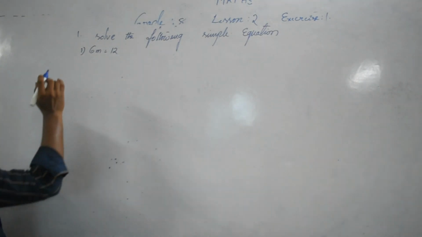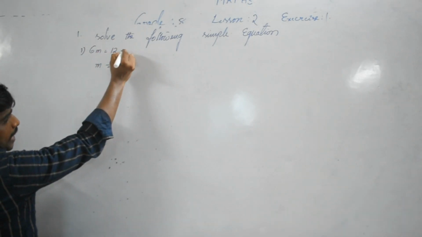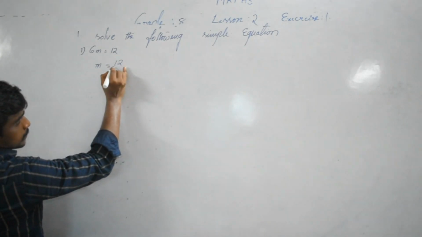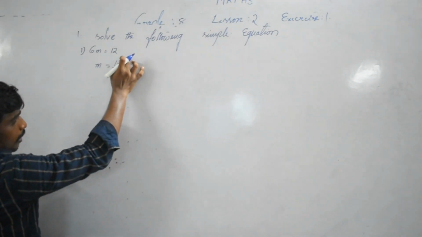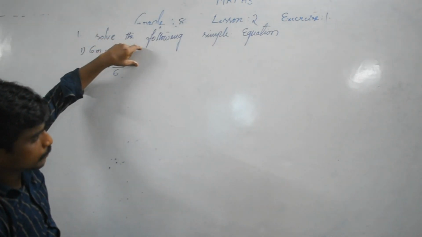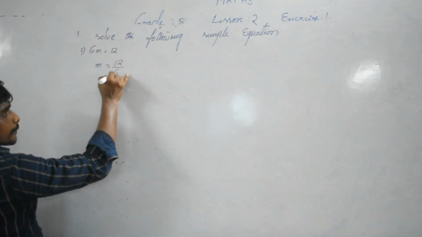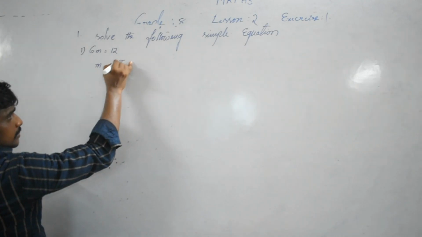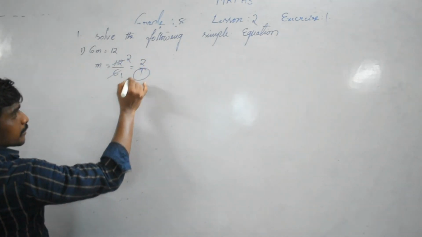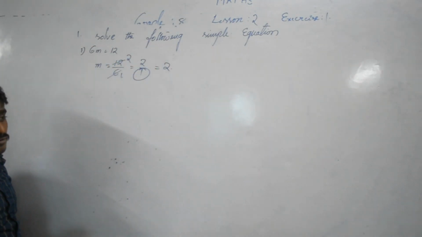So here see, m equal to 12 by 6, as the 6 moves from the LHS to the RHS as divided by. Now 6 ones are 6, 6 twos are 12, so 2 by 1. Denominator 1 has no value. So the m value is 2.